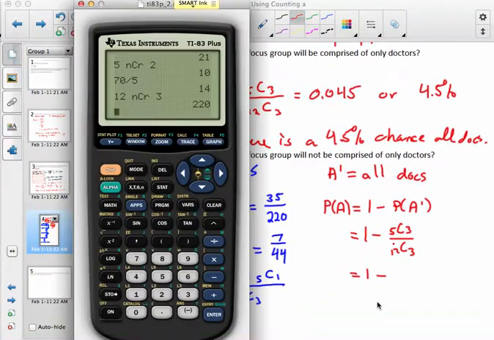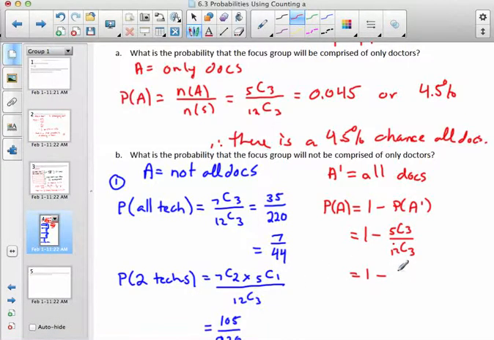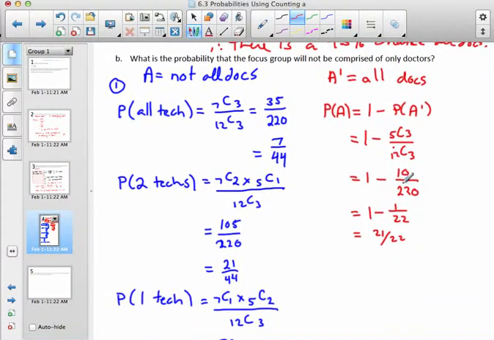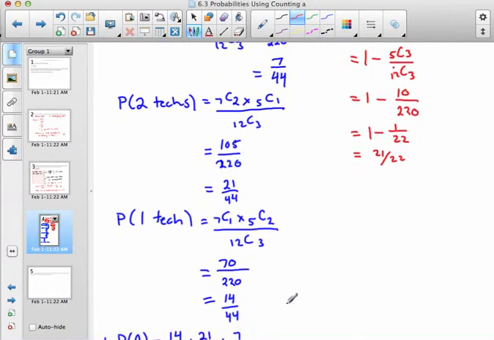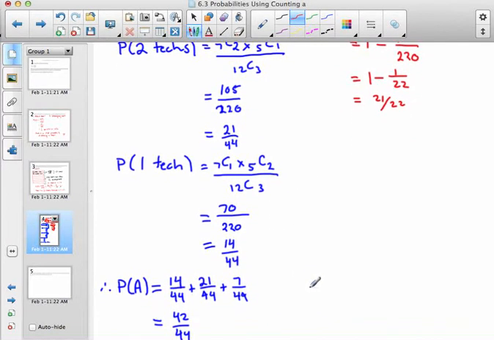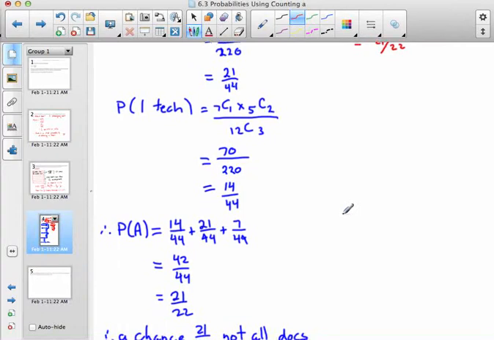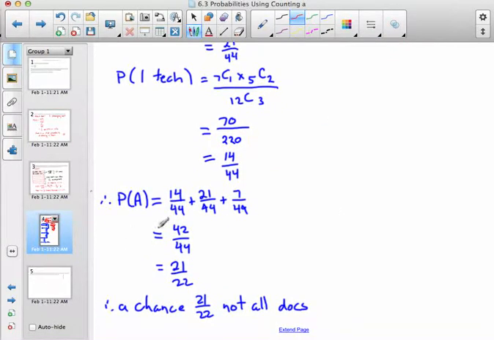Oops. I want 5 choose 3, which was 10 over 220, which simplifies to 1 minus 1 over 22, which lo and behold is 21 out of 22, which is what our answer was way down here. So that's the fast way of doing that one. It's a lot easier to use the indirect method.